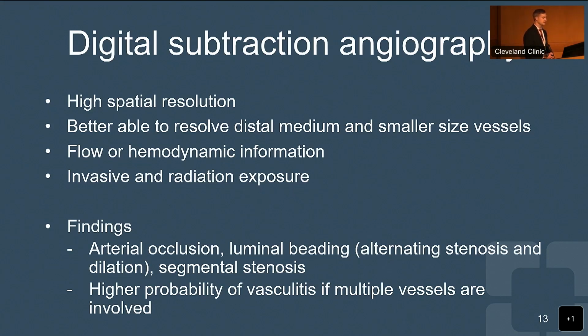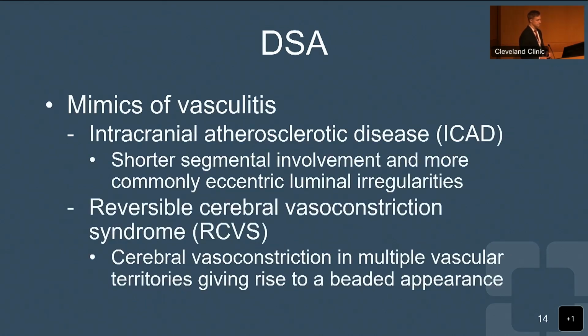So what can you see on DSA? Things like arterial occlusion, luminal beading, alternating areas of stenosis and dilation, segmental narrowing and stenoses. With DSA, there's a higher probability of your findings being related to vasculitis if multiple vessels and multiple territories are involved. And some of the mimics of vasculitis on DSA, intracranial atherosclerotic disease is a big one.